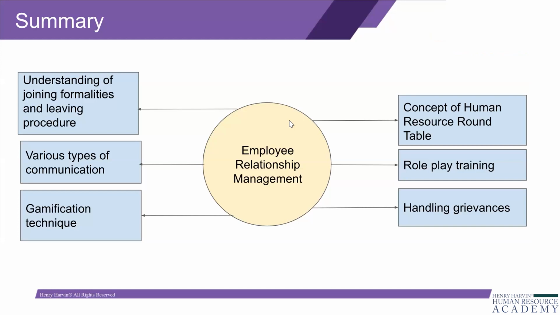To solve the grievance of the employee, there is stage 1 and stage 2. In stage 1, the employee has to submit the grievance to their head of the department, and the head of the department has to investigate and come to a decision. If the employee is not satisfied with that decision, they can appeal for stage 2, which is the human resource department.